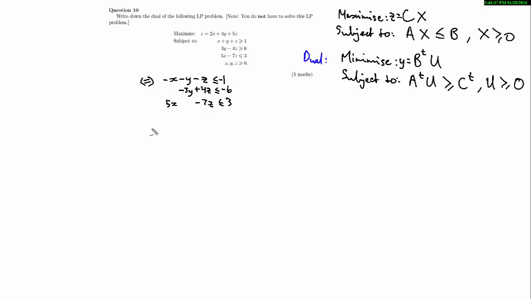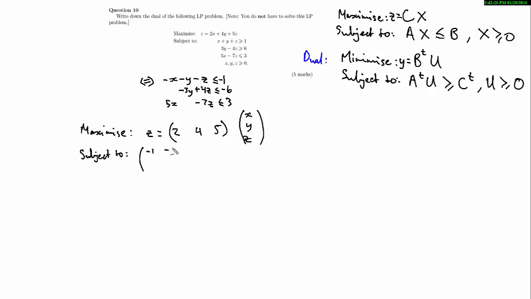Okay, so writing out this LP problem in matrix form will give us the following. So we have maximize z equals 2, 4, 5, and x, y, z. And that's subject to -1, -1, -1, 0, -3, 4.